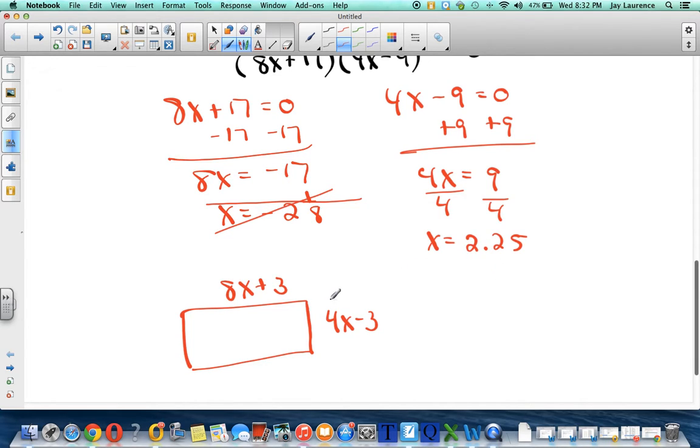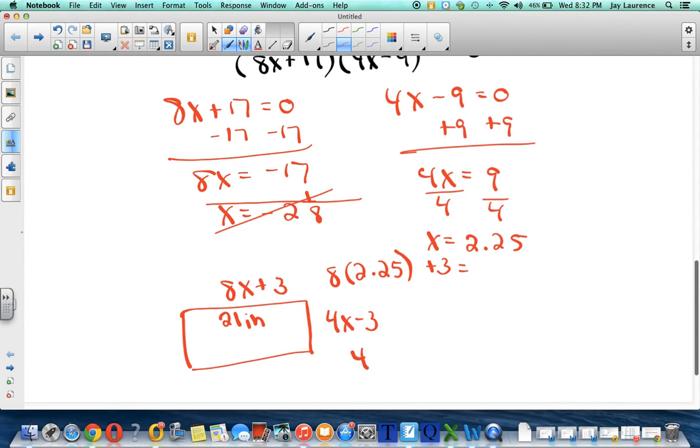Now on this one, let's see. Let's figure out what this is. It's going to be 8 times 2 1/4 plus 3. And if I get that, 8 times 2 1/4 plus 3, I get 21. So this is going to be 21 inches.